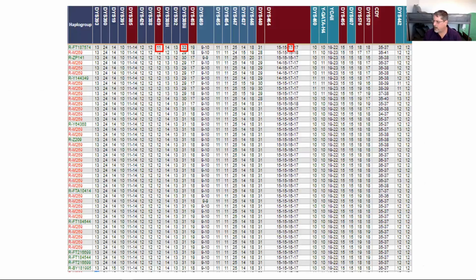All right. So you can use genetic distance, like here, 3 genetic distance compared to the modal numbers, right? Up to 6, right, at Y-37. But all we can determine from this data, knowing all the genetic distance, is that they share a common ancestor.